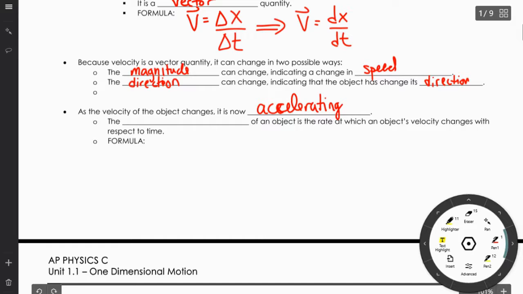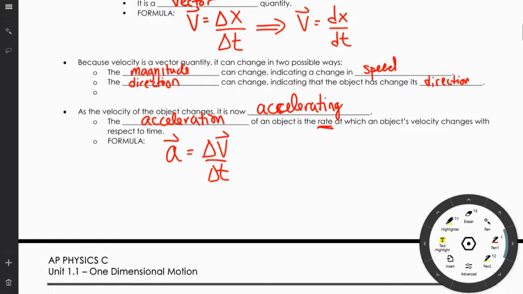Acceleration is the rate at which an object's velocity changes. So again, you can see that word rate. We're changing a quantity with respect to time, and that quantity is our velocity. If we're changing velocity with respect to time, it is an acceleration. So acceleration is a vector quantity, and we have that symbol again.